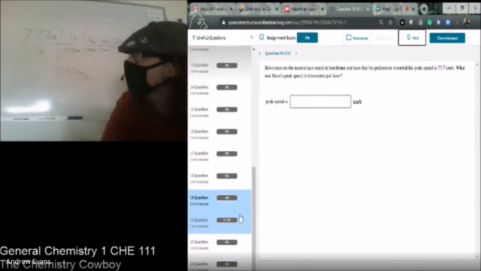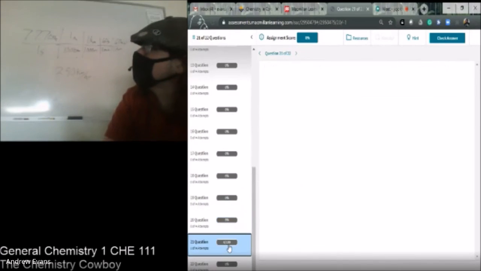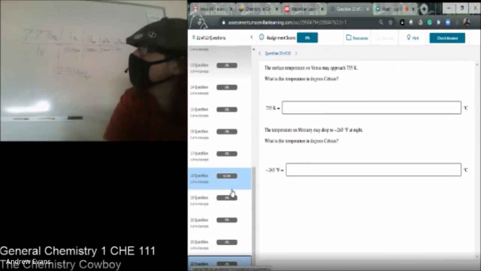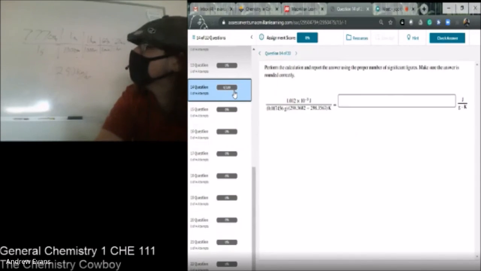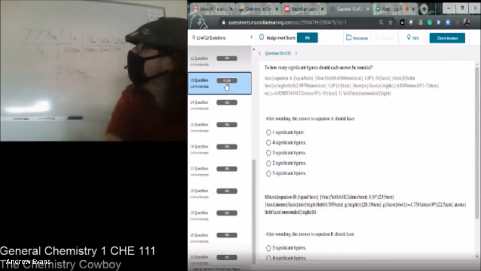Right now, I'm going to skip around. I want to do one sig fig problem. That one's a Celsius temperature conversion. Some of these might be already set up and you have to just do the math.